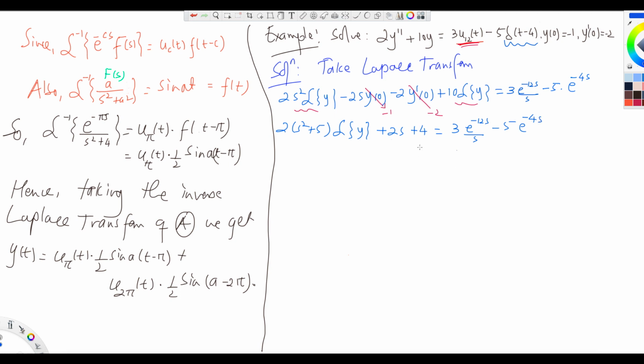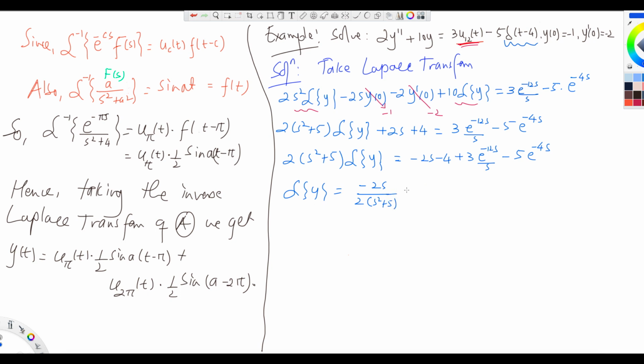Now let us move these to the right hand side, and then we will divide by that. So you get 2s squared plus 5 Laplace transform of y equals to negative 2s minus 4 plus 3 e to the negative 12s over s, and then minus 5 e to the negative 4s. Okay. Now, I want to divide both sides by 2 times s squared plus 5. What do I get? I get Laplace transform of y equals to negative 2s over 2s squared plus 5.